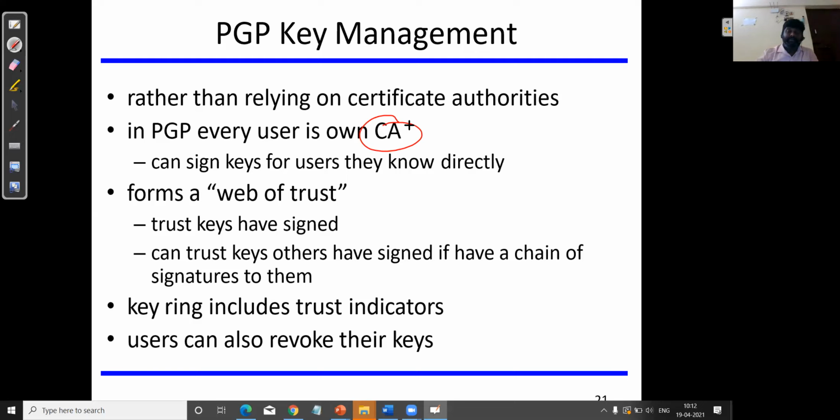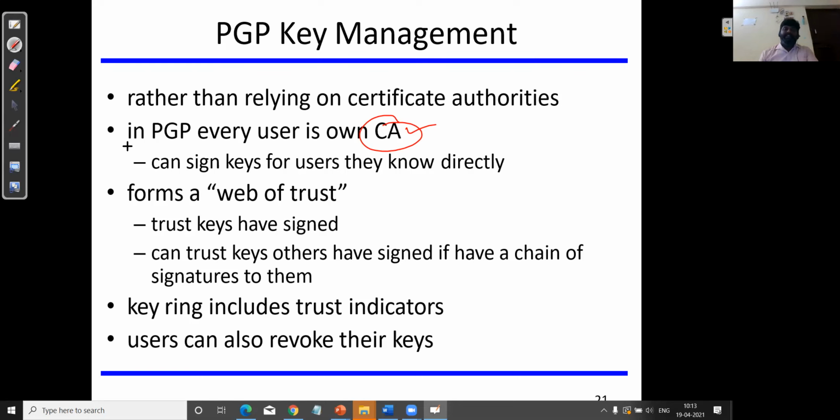Out of that we discussed the role of a certificate authority when we use public key cryptography. We discussed the X.509 certificate format, how the certificate is generated, how it can be distributed, and the different elements: signature algorithm, issuer name, owner name, and certificate revocation.